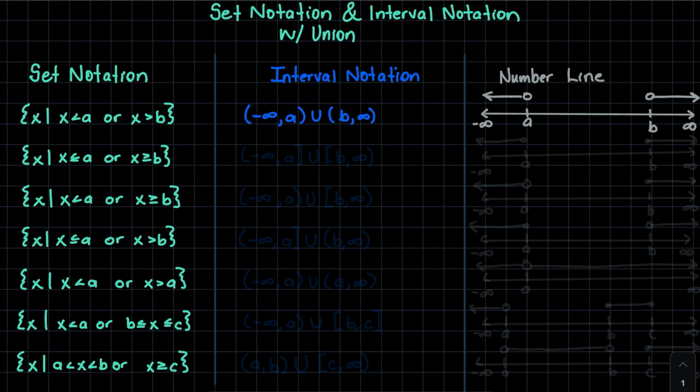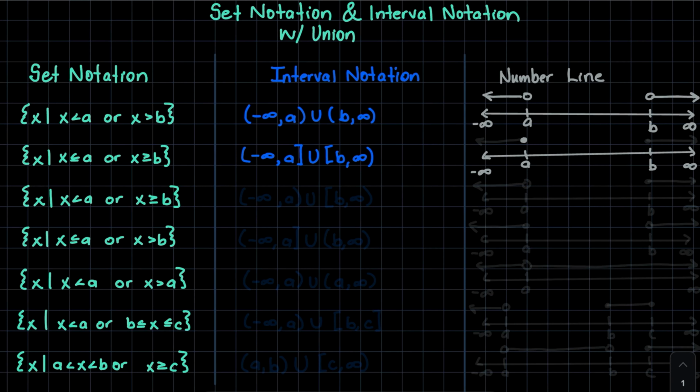The second set is x such that x is greater than or equal to a, or x is greater than or equal to b. This means that our endpoints are now included, so they're going to get a bracket: a to infinity, union, bracket, b to infinity. So on our number line, a, b, -infinity, infinity.